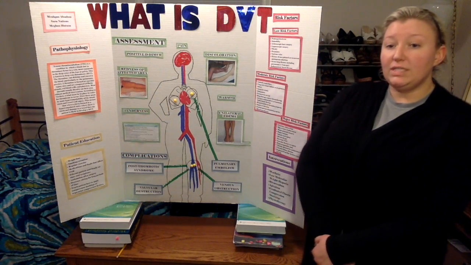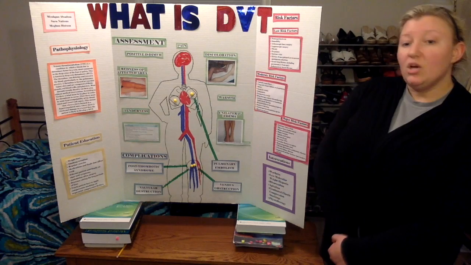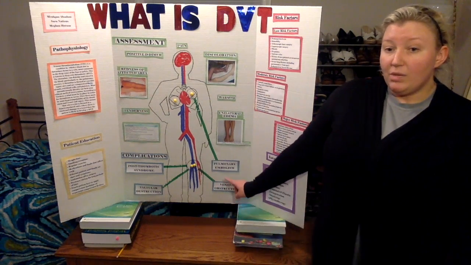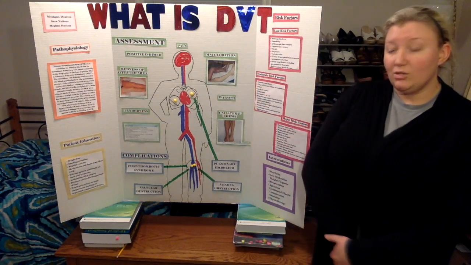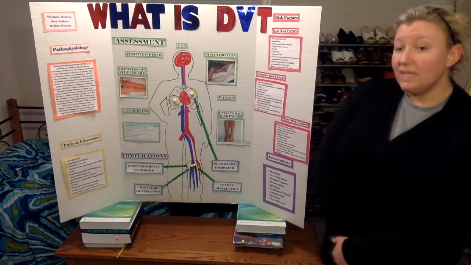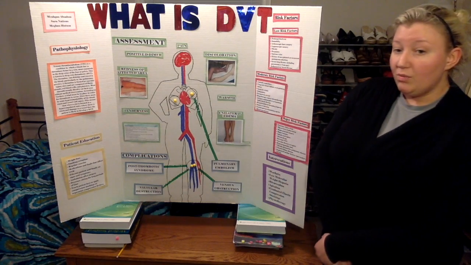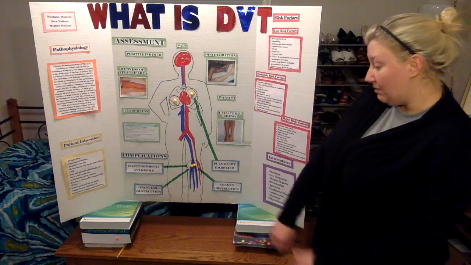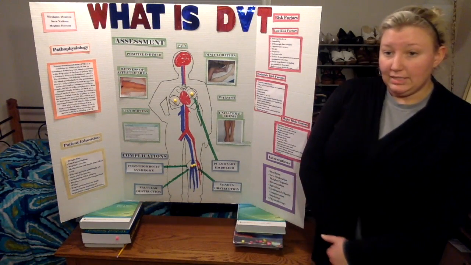You would have increased distal pressure, edema, or even venous gangrene. Or it can become detached and travel through the venous system to the pulmonary arteries and become a pulmonary embolism, which has lethal consequences.